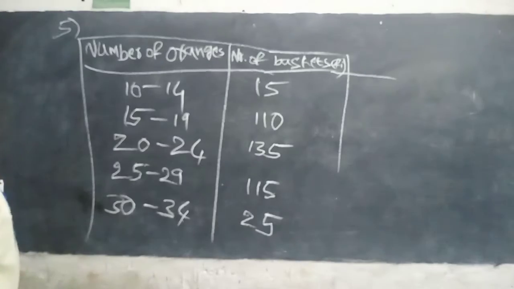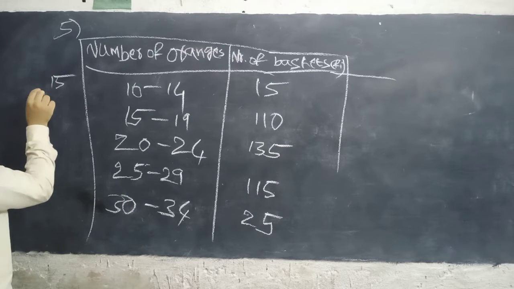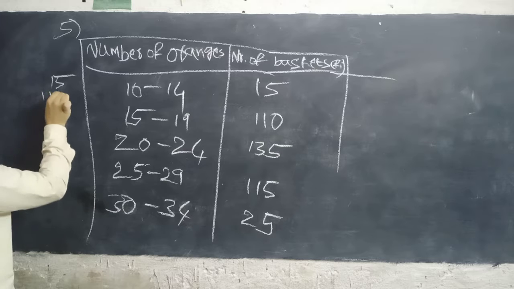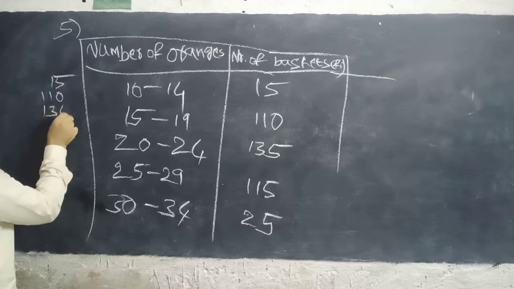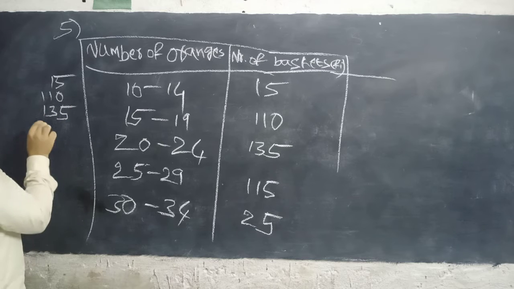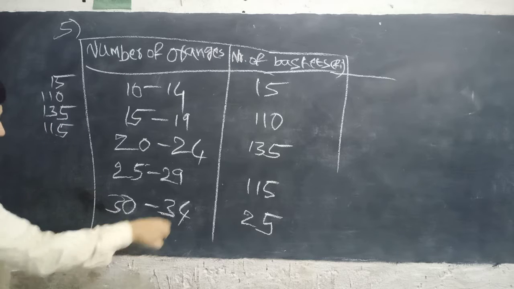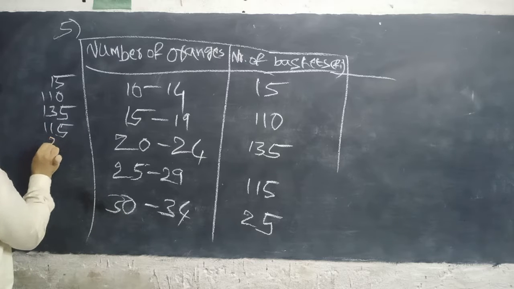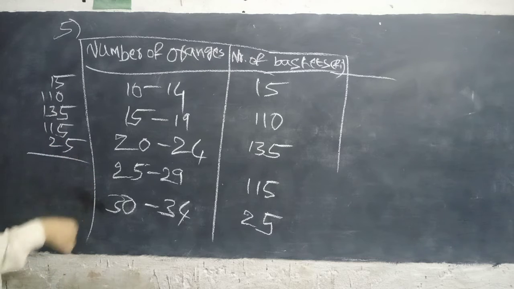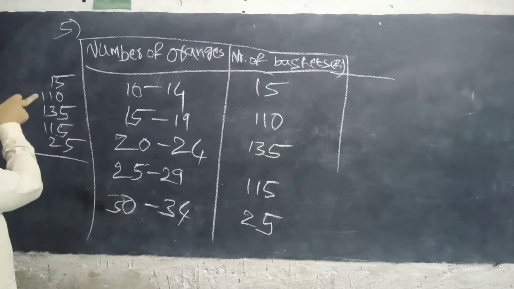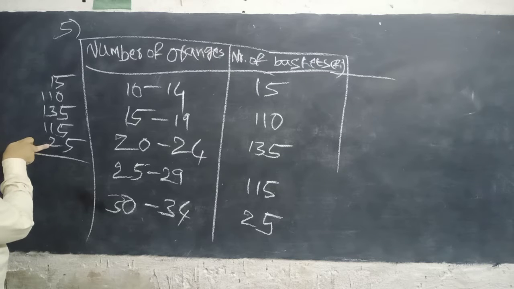Now 15 plus 110, 135, 115, 25. Okay. Now count the number of baskets.